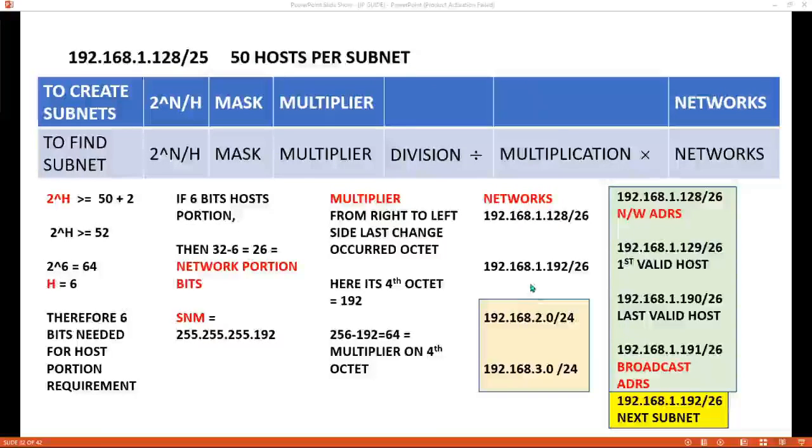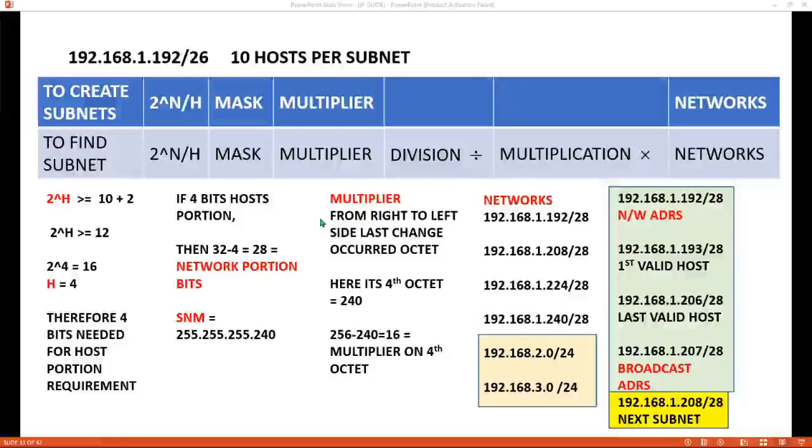Again what I am going to do is take this 192.168.1.192/26 network address, which I am going to use for my next requirement, 10 hosts per subnet. Okay, so here you can see 192.168.1.192/26 for 10 hosts per subnet.